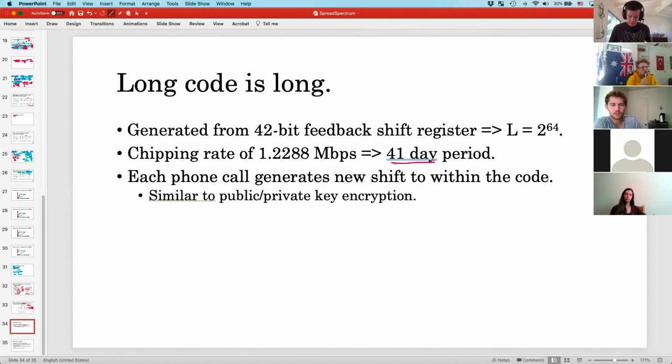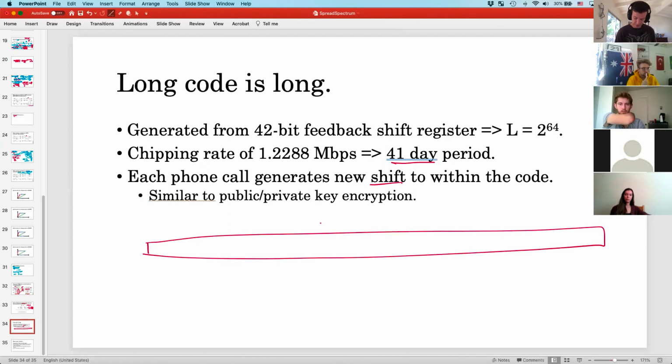And the other thing is that the long code isn't actually unique to each user, but what is unique is the shift. If you think of the code itself lasting 41 days, and it's a whole bunch of pseudo-random numbers, my long code will start here and run that way.